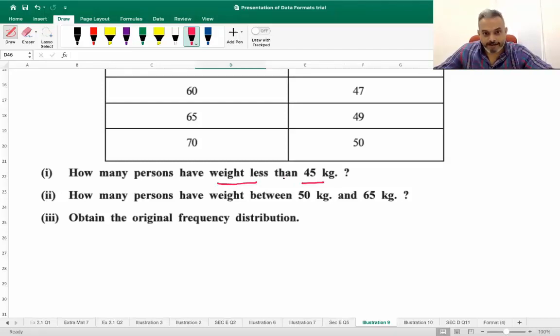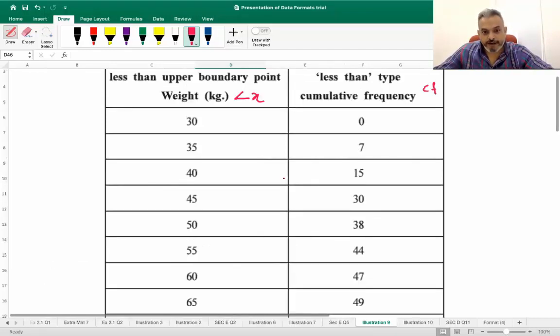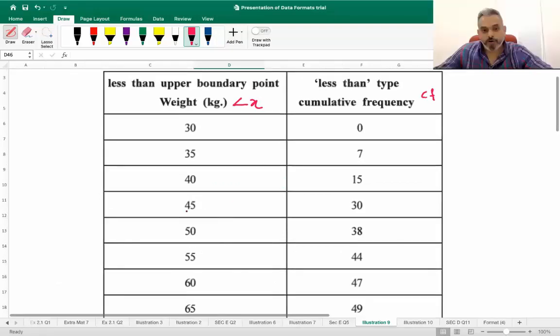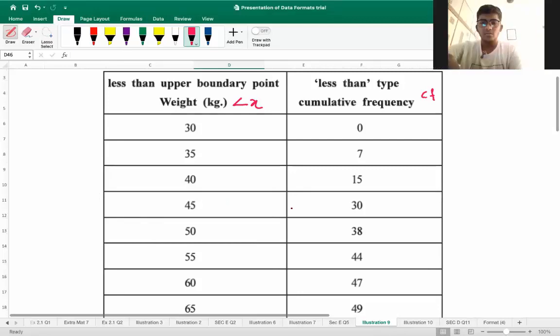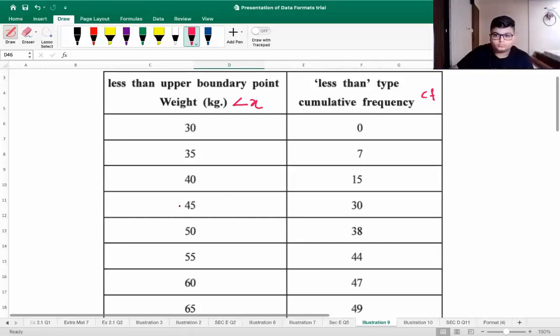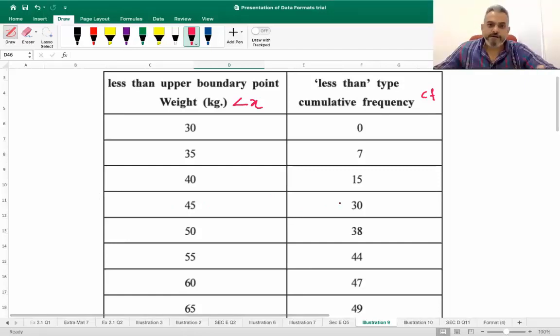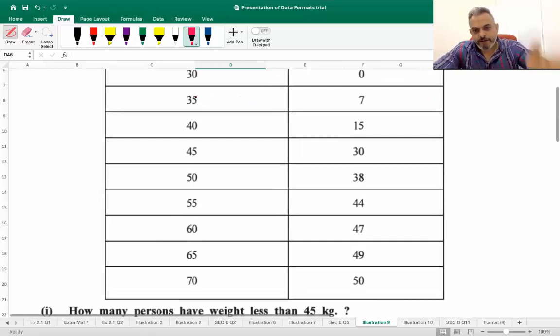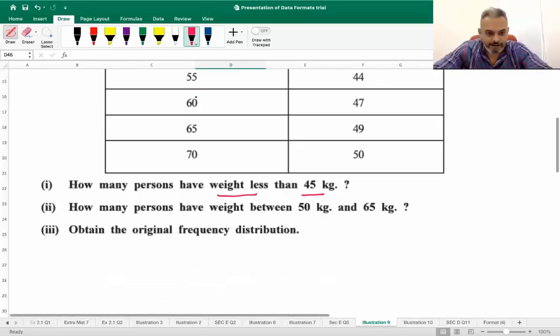Look at the data, we have to find out how many people have weight less than 45. Sir, 30. Very good, because we already have that ready in the table with us.